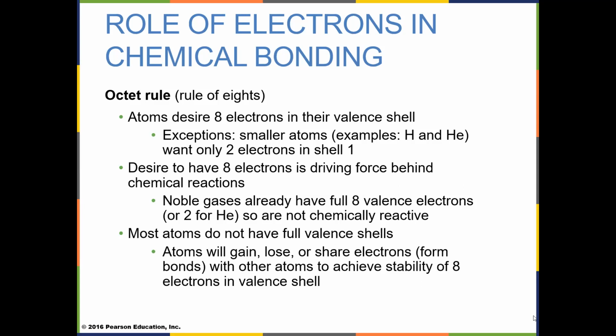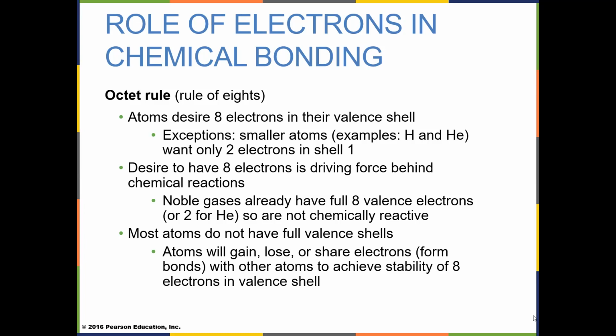And that's what we get into. That's the driver behind all chemical reactions. The desire, if you will, for the atom to fill up its valence shell, whether it's hydrogen with only 2, or carbon wanting to have 8, or oxygen wanting to have 8. These atoms want to achieve complete stability by filling up their valence shell.